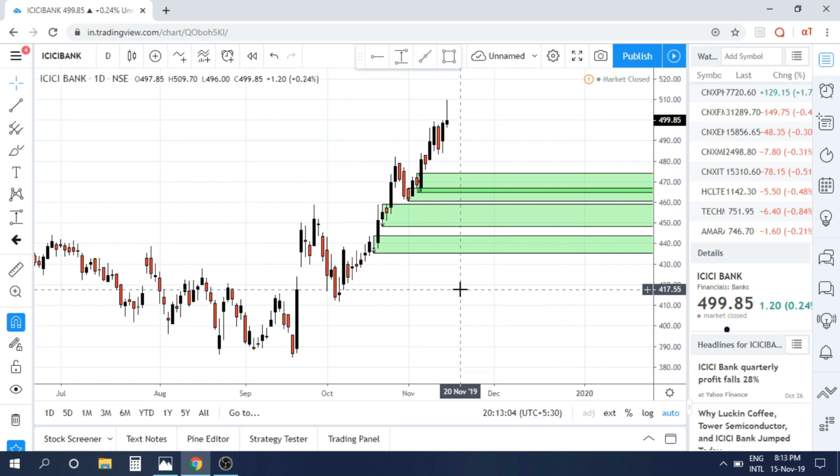So in case of stacked zones, if they're not of a very big size, we can usually consider them as a single zone combined together.